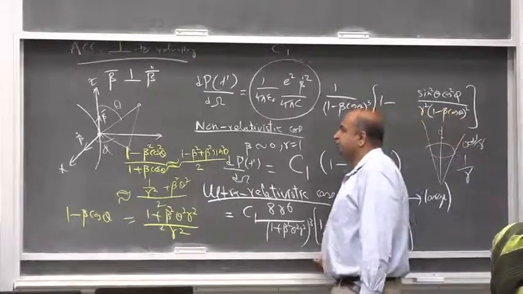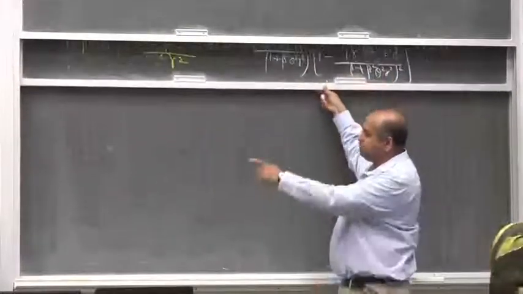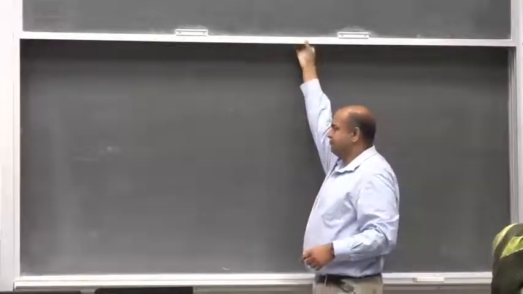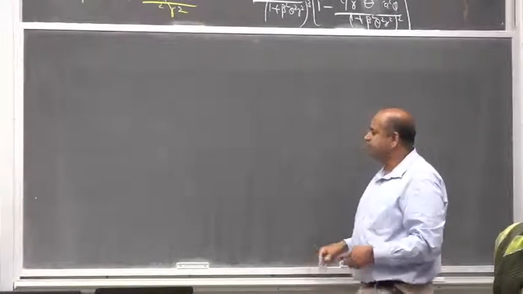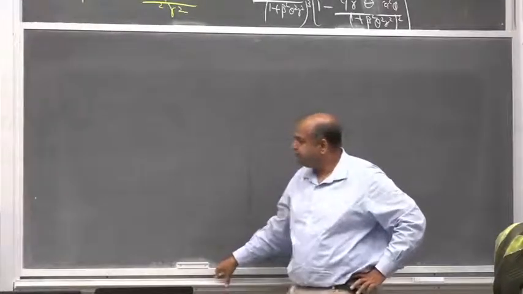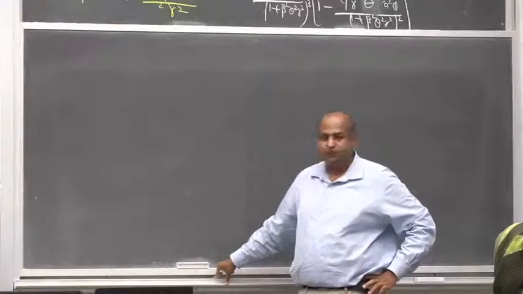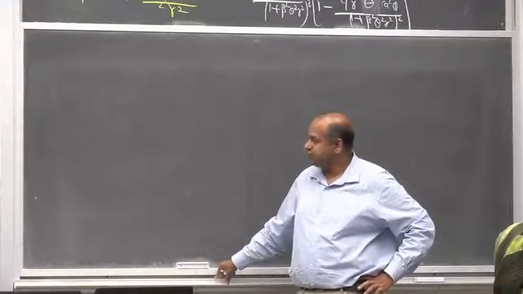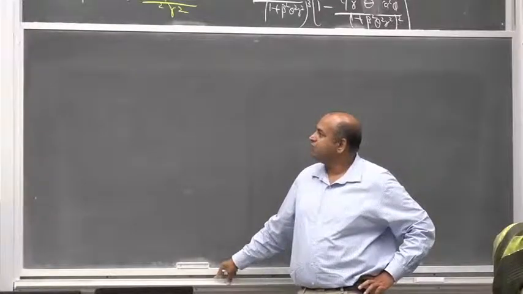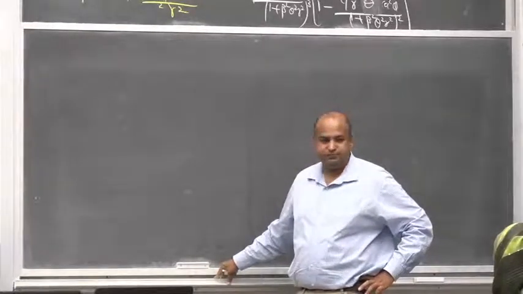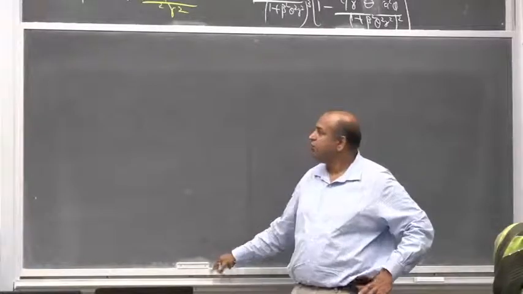Okay, so we will get back to this free electron laser after we develop a way of characterizing the frequency distribution of these radiations. So far, we didn't say anything about what the spectrum of these radiations is. We have talked about intensity and angular distribution.